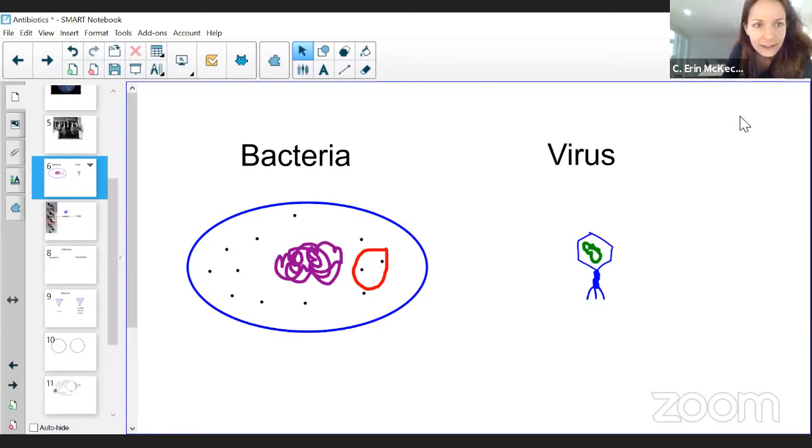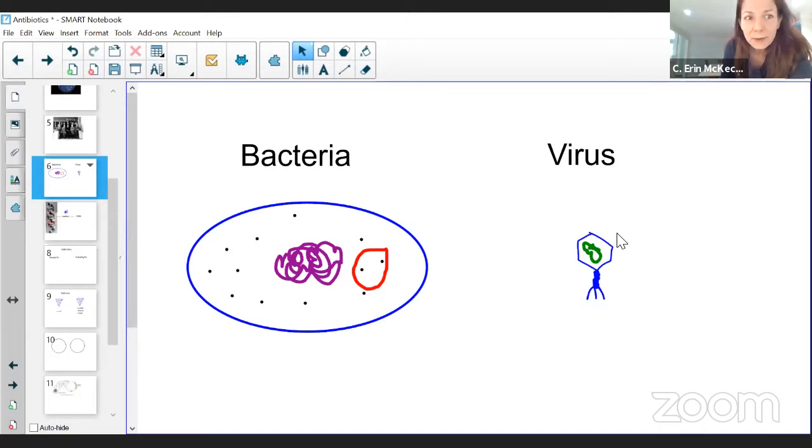All right, now let's take a look over here. Remember our little virus? We said that viruses do have genetic information. They have DNA. Sometimes they have RNA, which is very similar, and sometimes they have both. But what is the virus missing that even something very simple like the bacteria have?